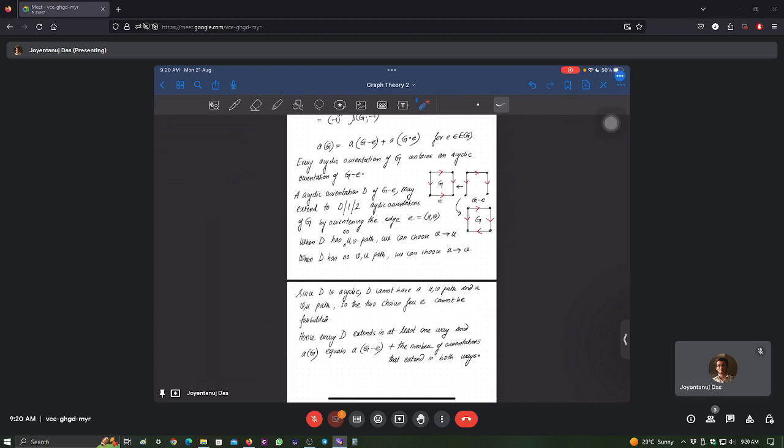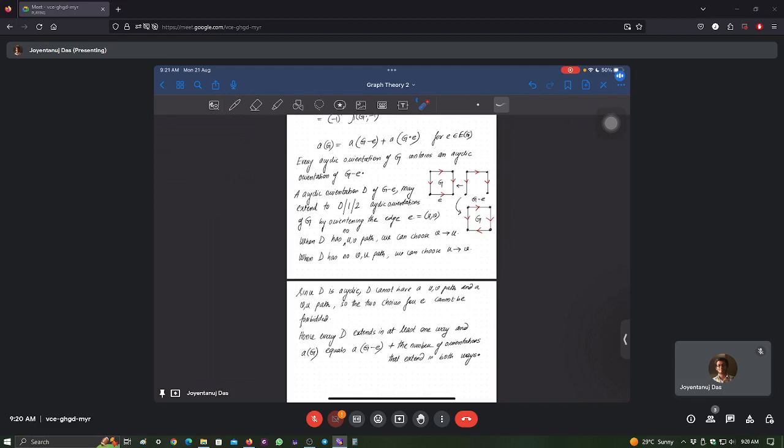Now, for some, it will happen that both ways I can extend it, right? A particular edge, you can extend in both ways, right? For example, here, this edge is missing. This I can give any orientation. I can give this orientation or I can give this orientation. Both of them are acyclic, right?